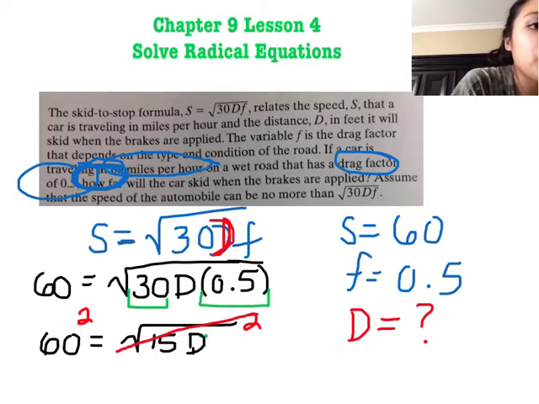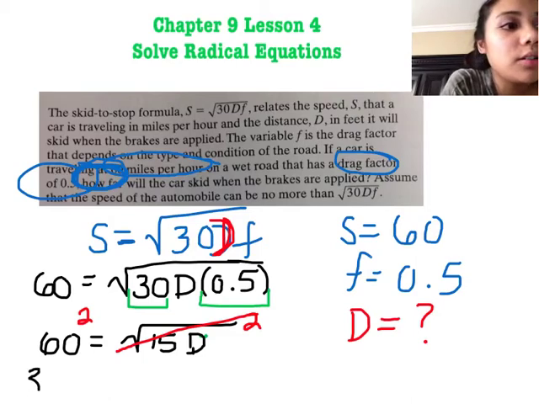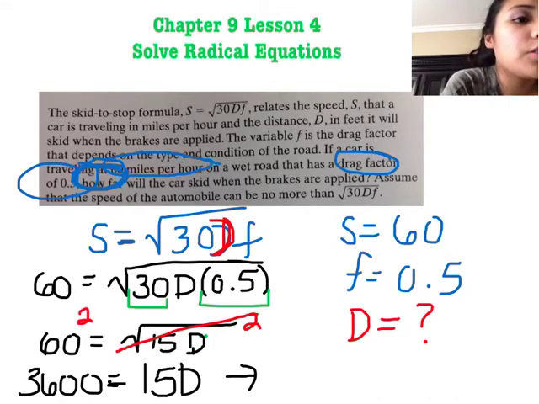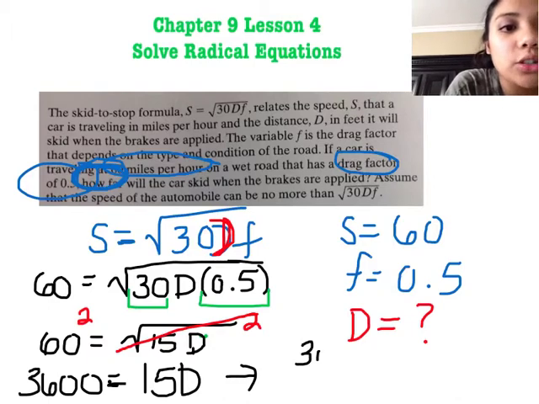So all I'm left with is 60 squared, which is 60 times 60, which is 3,600, equals, my square root is gone, 15D.